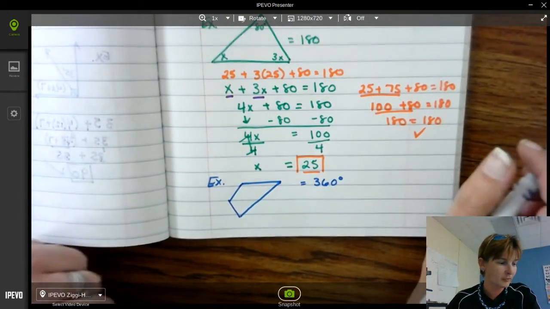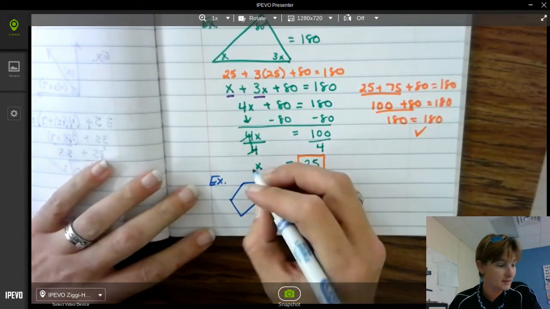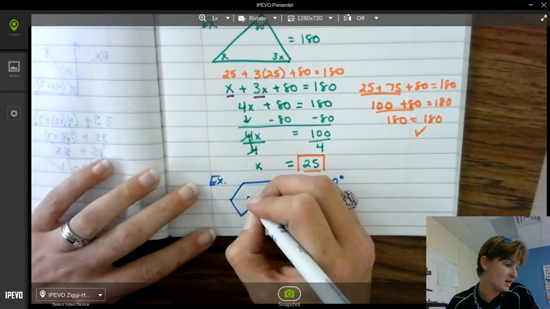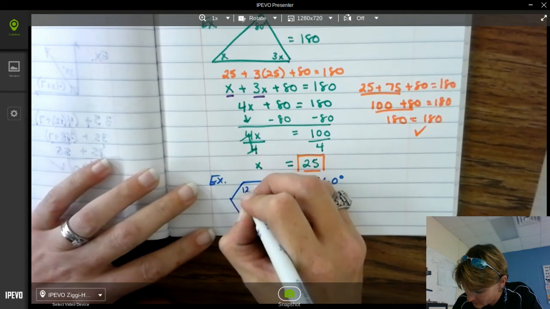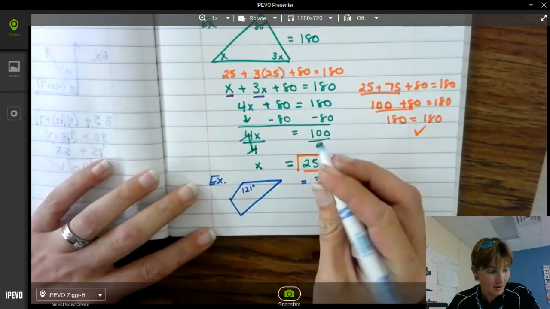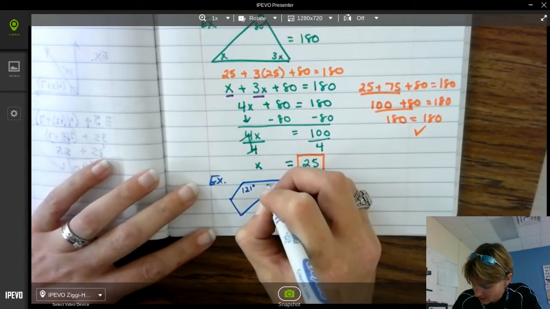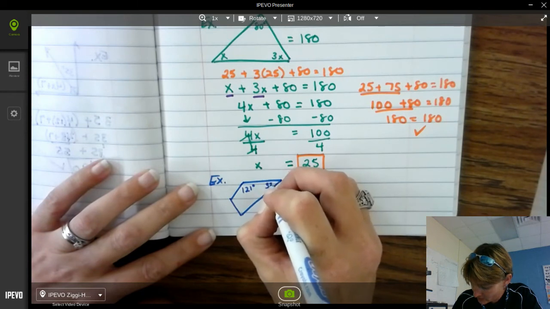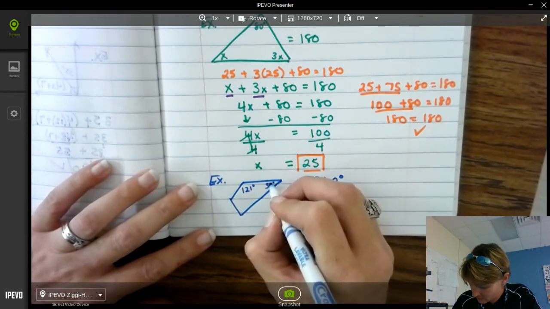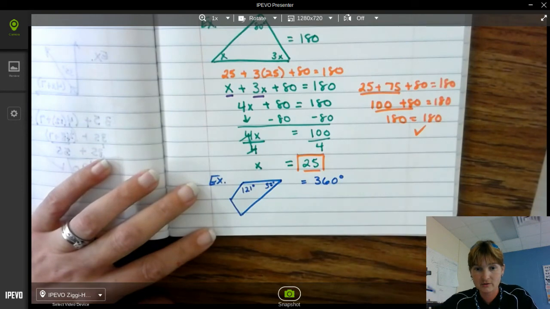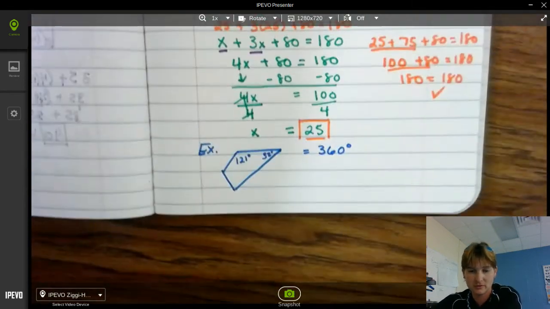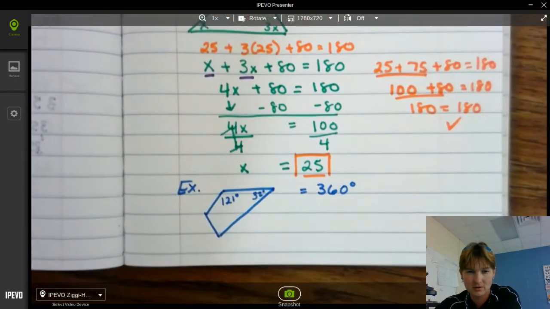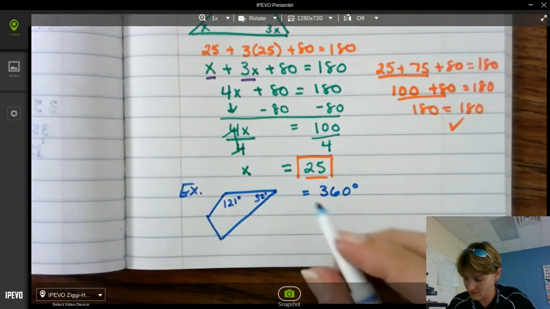So what if we have that this is 121 degrees. We have 32 degrees. Let me see if I can get that closer so you can see. 32 degrees.